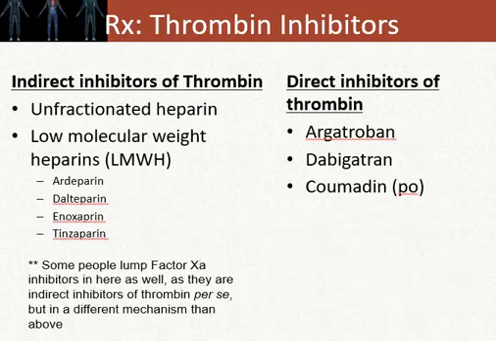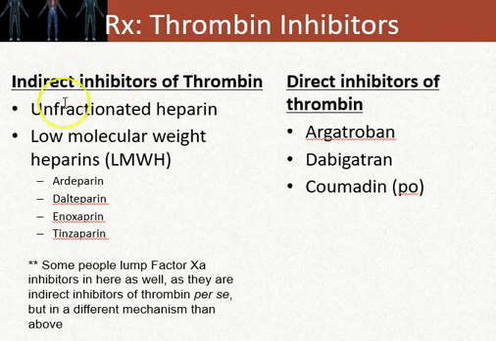The thrombin inhibitors can be the indirect inhibitors of thrombin, and this can even further be subdivided when you look at the heparins. Probably the oldest molecule in this category are the unfractionated heparin molecules. This is a conglomeration, or a mixture, of a whole bunch of heparin molecules, and they're polysaccharide in nature.